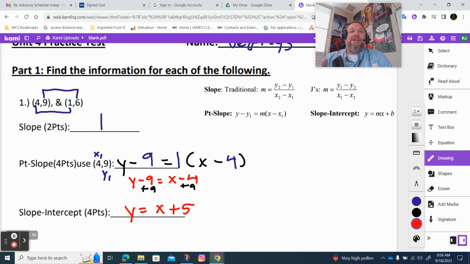On part 1, each problem totals 2 plus 4 plus 4, that's 10 points. So that's 40 points in this whole section. Now, if you mess up on the slope, but you do the rest of it right, I'll only take points off where you messed up. That's kind of important.